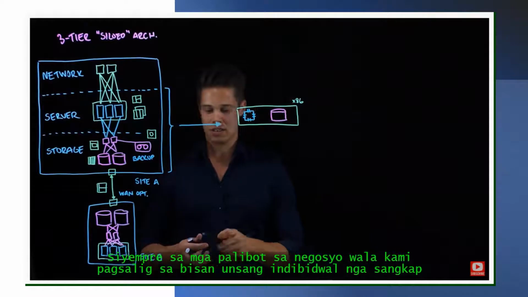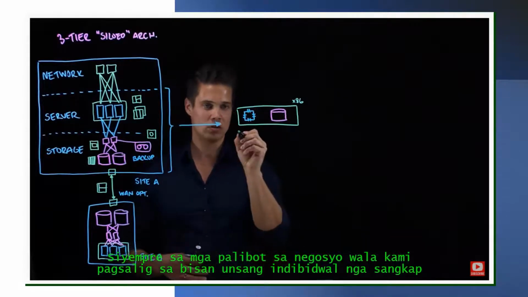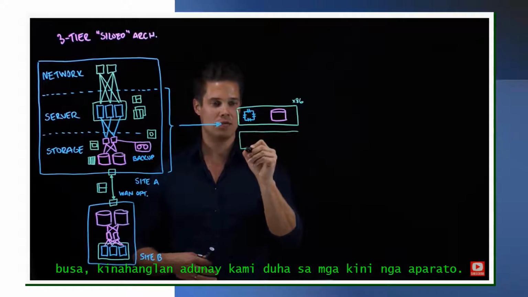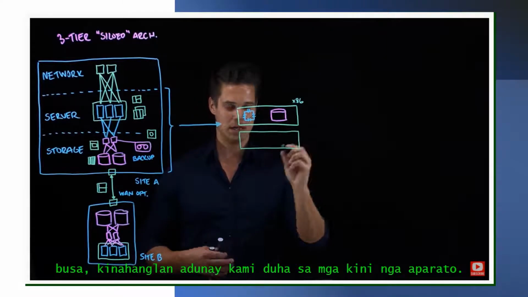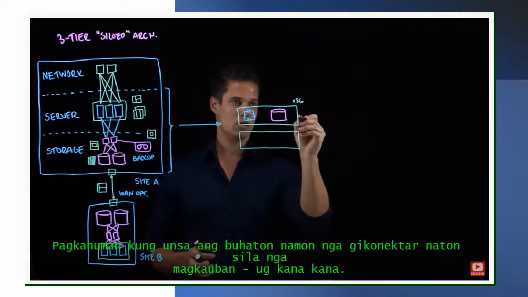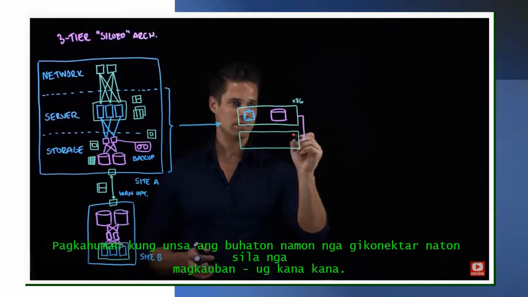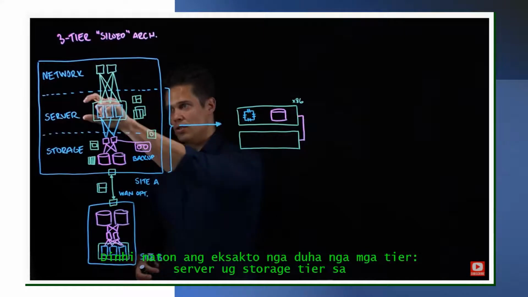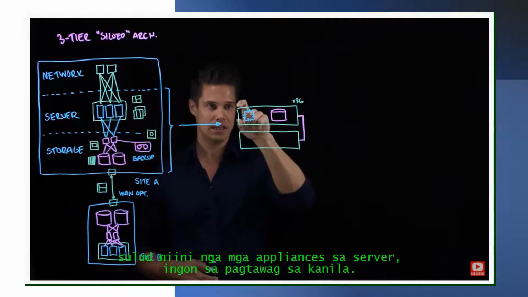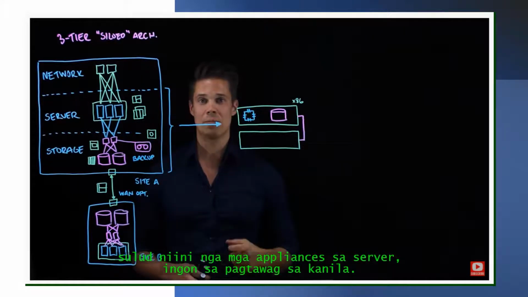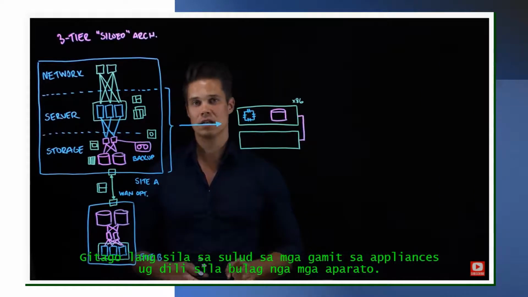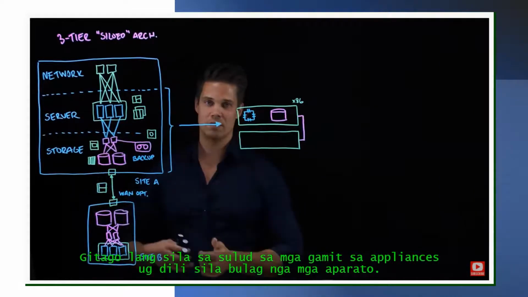Of course, in enterprise environments, we are not trusting any individual component, so we have to have two of these devices here. Then what we do is we connect them together, and that's it. Here we have exactly the two tiers, server and storage tiers, inside these server appliances, as we call them. They're just hidden inside the appliances, and they are not separate devices.